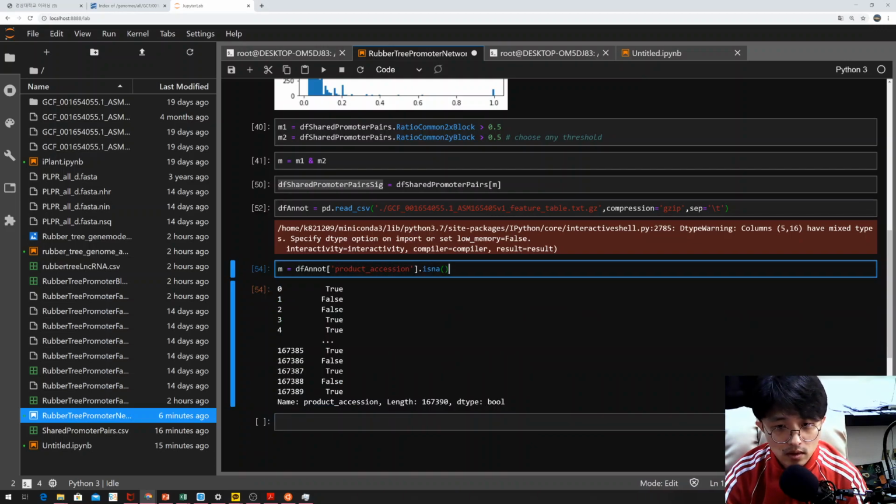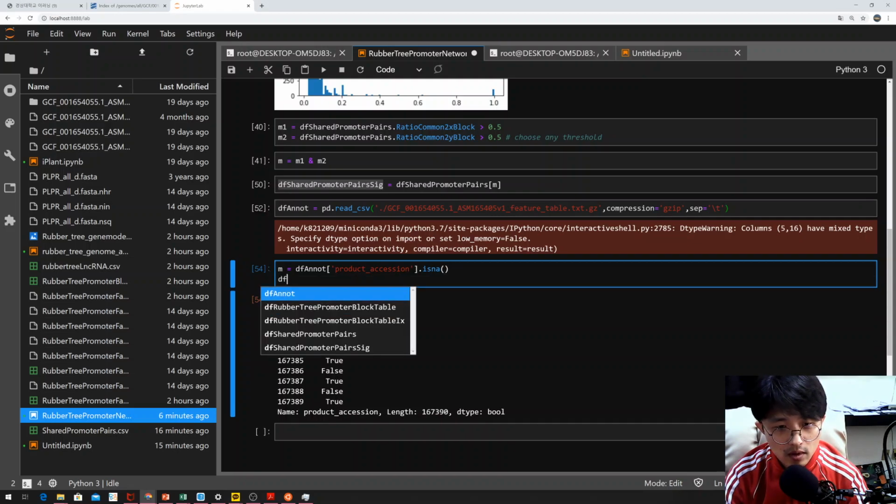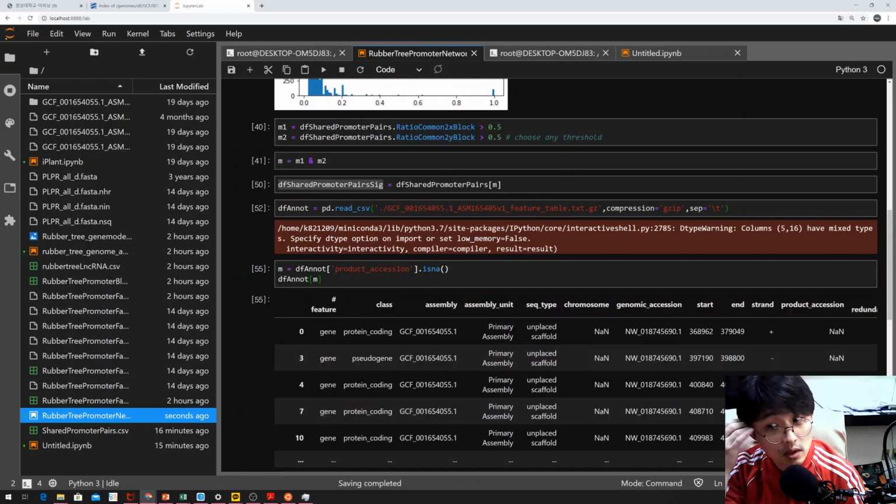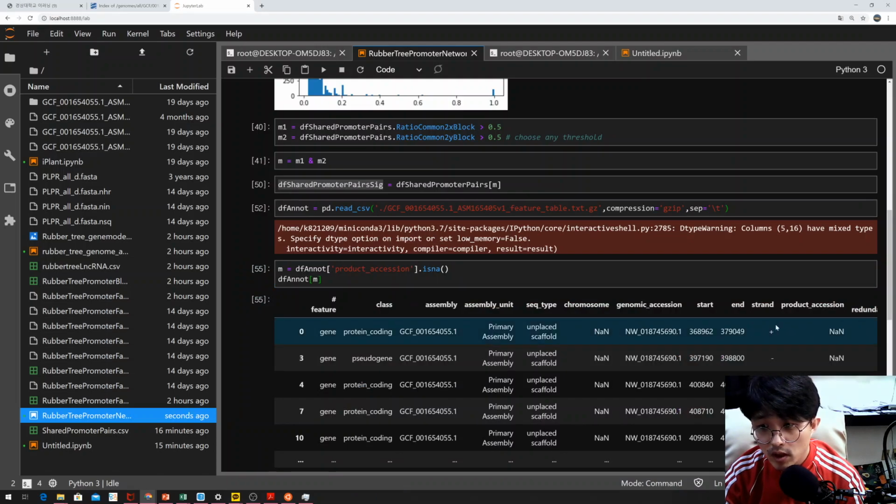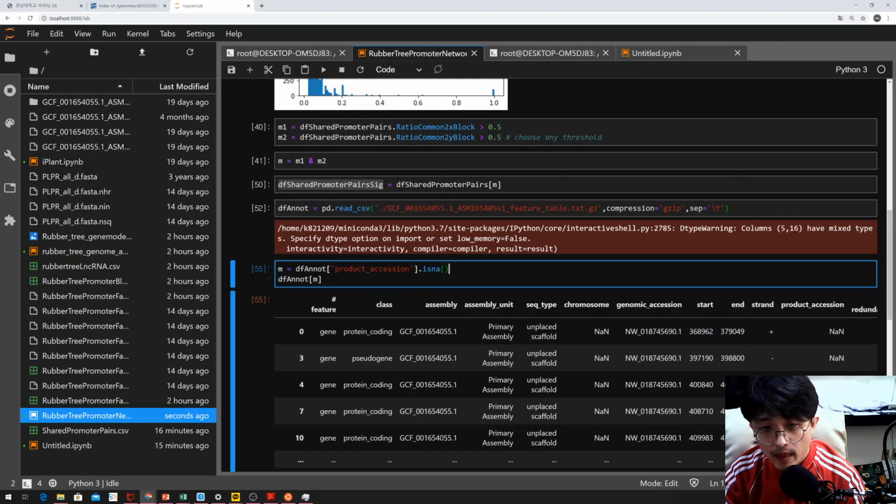Mask. If you run only this one, then you will select everything without any product accession, right? Because it's not. If it's not is true, then this is not, right? So I will inverse this one using this symbol.